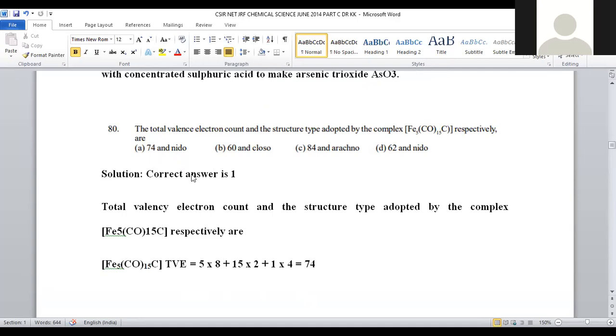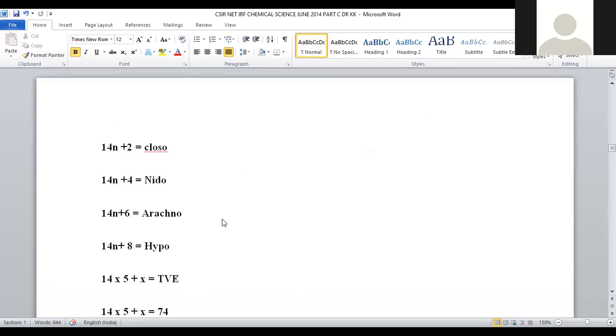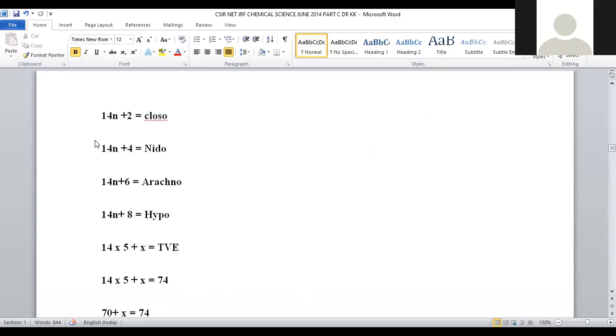We have to go with what the cluster structure will be. Cluster structure for transition metals is denoted by the formula 14n plus 2. In case of main group elements, it will be 4n plus 2.